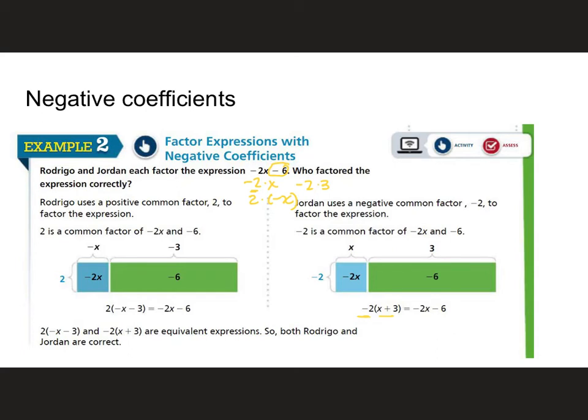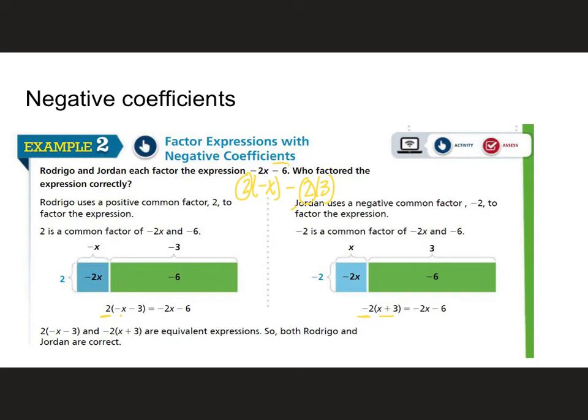Or the other thing I can do is I can factor it and look at this as 2, and then the negative goes with the x, times negative x. And then over here, minus 2 times 3 is 6. So now 2 is my greatest common factor. So that's what it's showing here. If I take the 2 out, then I would be left with negative x and minus 3.